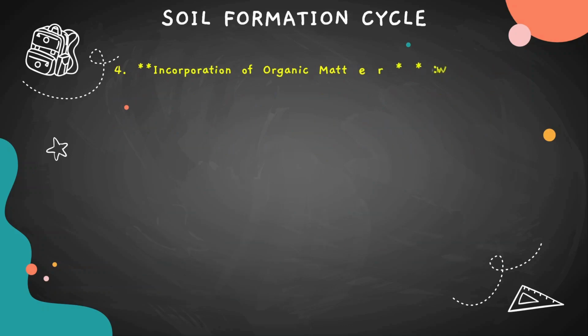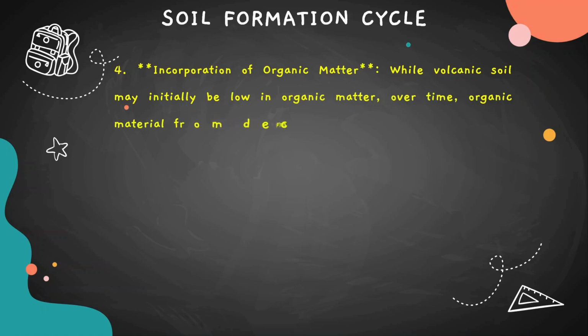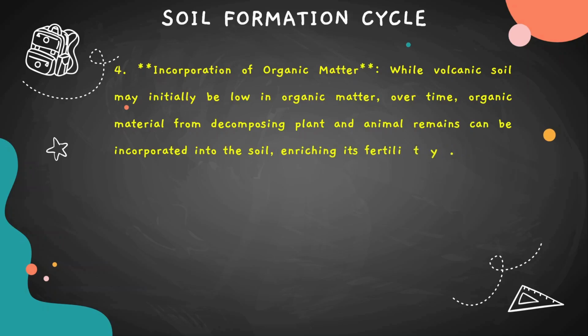The next point in the soil formation cycle is incorporation of organic matter. While volcanic soil may initially be low in organic matter, over time, organic material from decomposing plant and animal remains can be incorporated into the soil, enriching its fertility. So the fresh soil which has been disintegrated or weathered from the volcanic ash may be infertile.